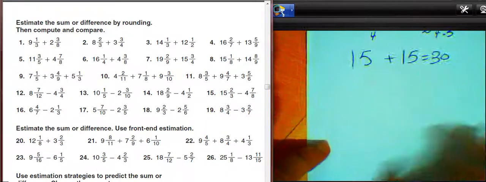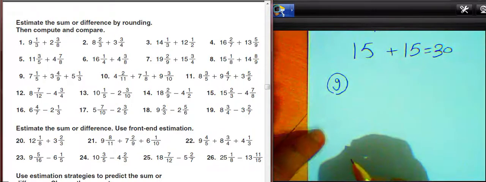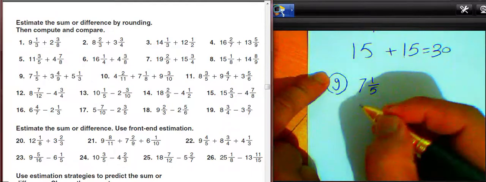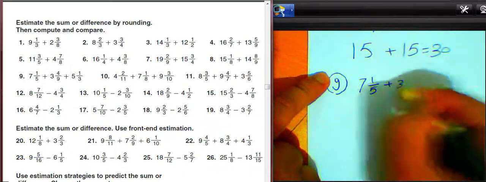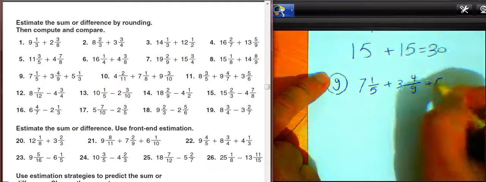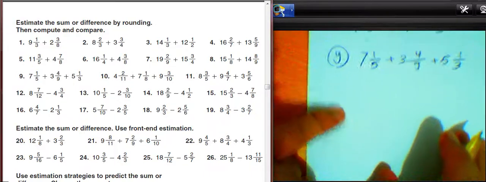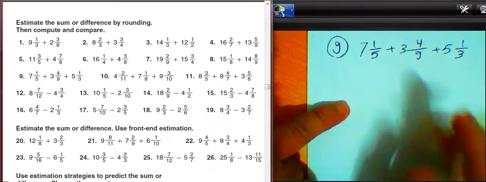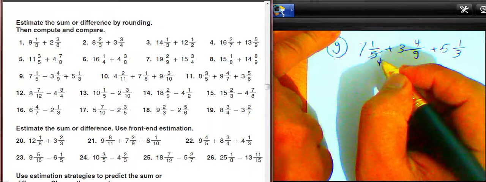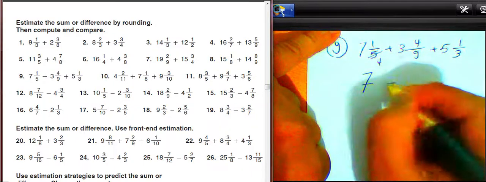Question number 9. 7 and 1 over 5 plus 3 and 4 over 9 plus 5 and a third. Equals what? Okay, 1 is less than half of 5. Half of 5 is 2.5, and 1 is less than that. So this number is nearest to 7.